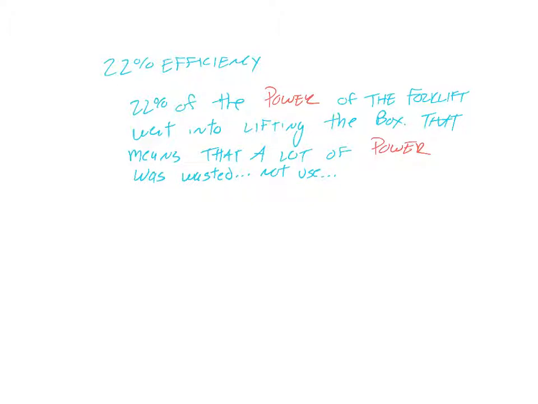So the closer your efficiency is to 100, the better you are in terms of the machine doing the work for you. So in this case, it really wasn't a great use of the power or of the machine, but it still got the job done.